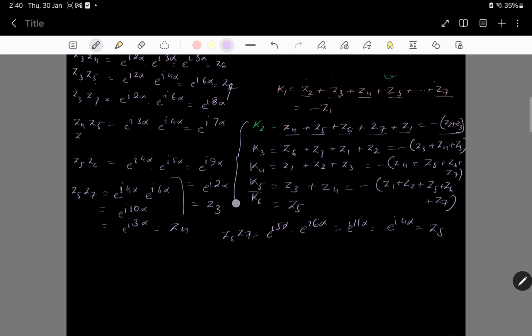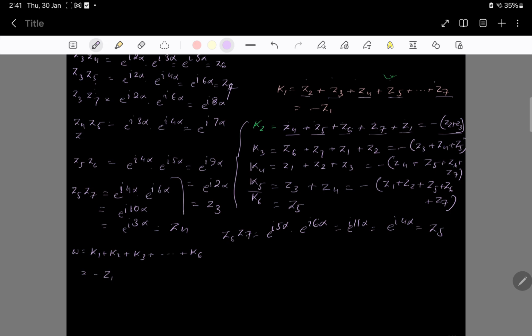Now we will sum all of this, k1, k2, k3 and k6. So w is basically equal to k1 plus k2 plus k3 plus dot dot dot up to k6.